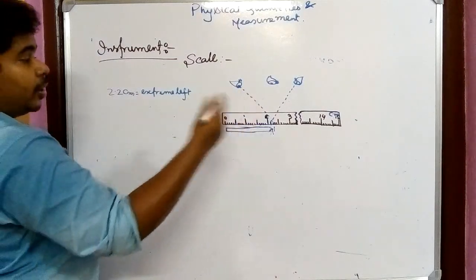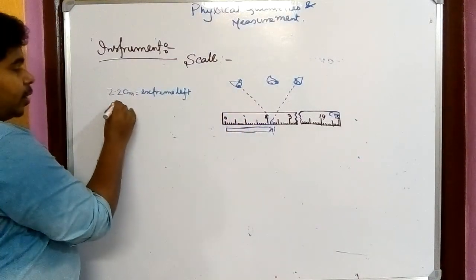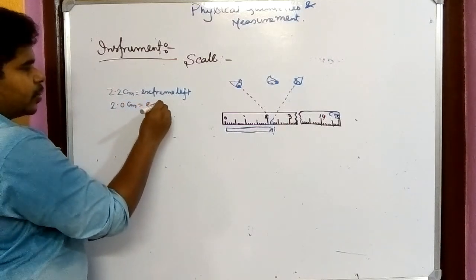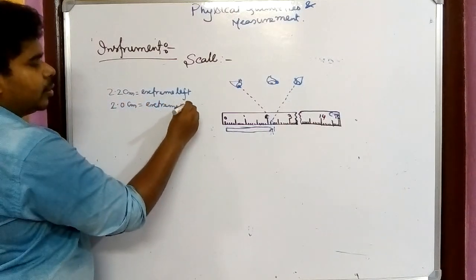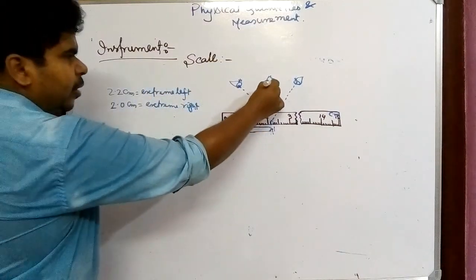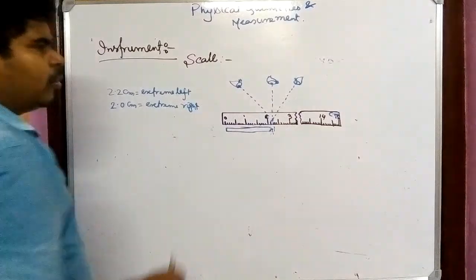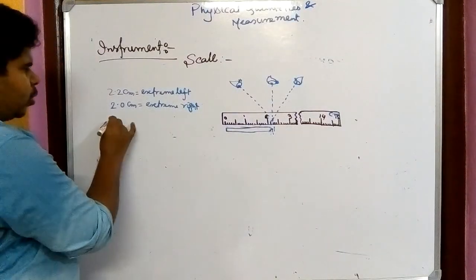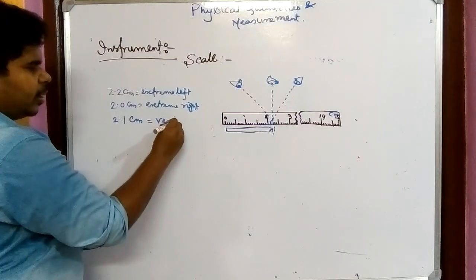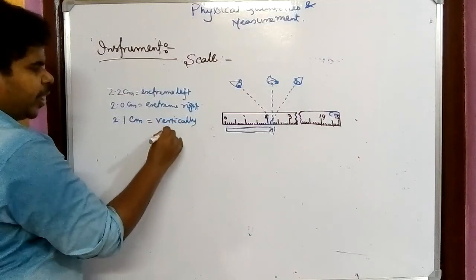And whenever we see it from the extreme right, it is coming 2.0 centimeter. Now, if I see it in a straight line, that is vertically straight, it is coming 2.1.